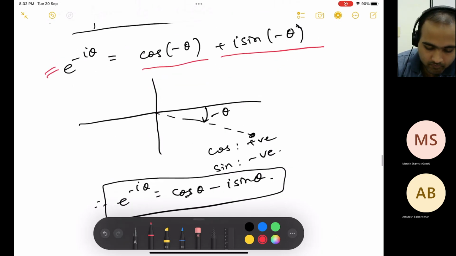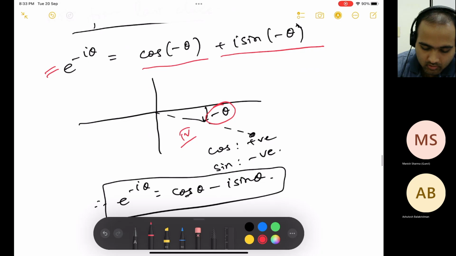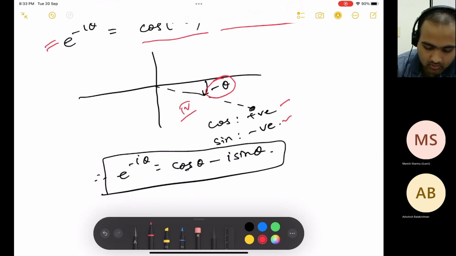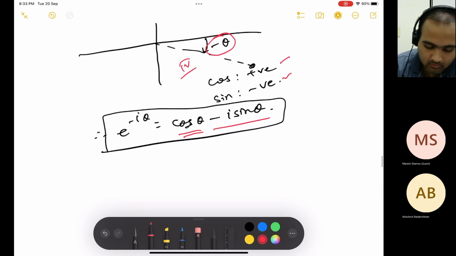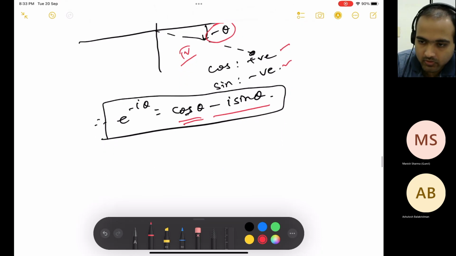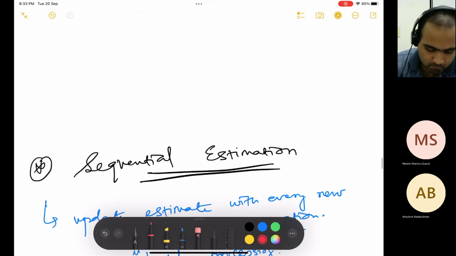Minus theta lies in the fourth quadrant, where cos is positive and sine is negative. So cos of minus theta becomes cos theta, whereas sine of minus theta is minus sine theta. That is why e to the power minus i theta is represented as cos theta minus i sine theta. This is a clarification which I wanted to make from the last class.